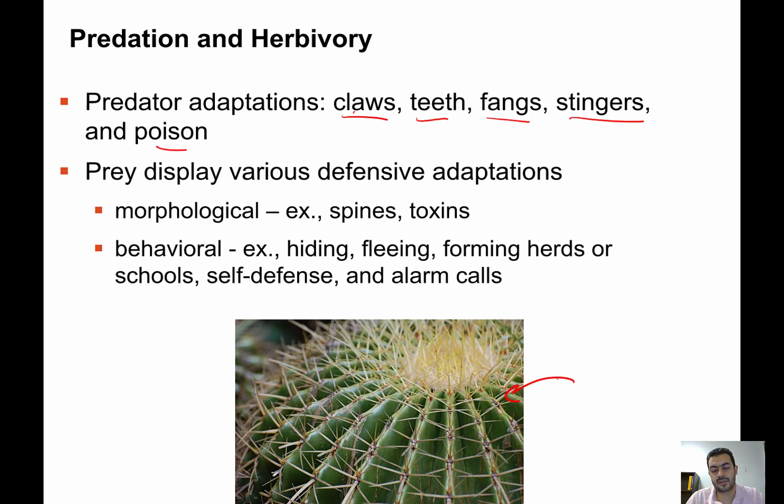We have shown examples of the elephants, or fishes, which make schools, or self-defense or alarm calls. All of these are examples of the adaptations that we will see under the interaction which is predation and herbivory.